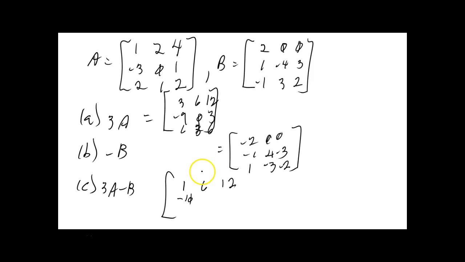You're adding that 3A to our negative B. You can go back and do all that work over again, or just notice it's already this one plus that. Is the next one 0? And 7? 0 again?